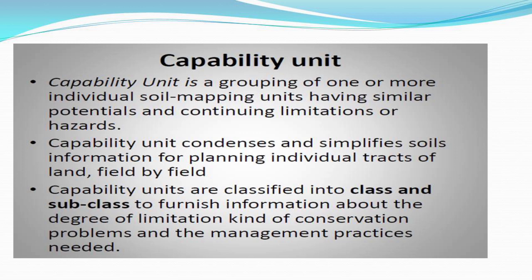This capability unit condenses and simplifies soil information for planning individual tracts of land field by field. Then capability units are further classified into class and subclass, and this is to furnish information about the degree of limitations or the kind of conservation problem and the management practices that are needed.